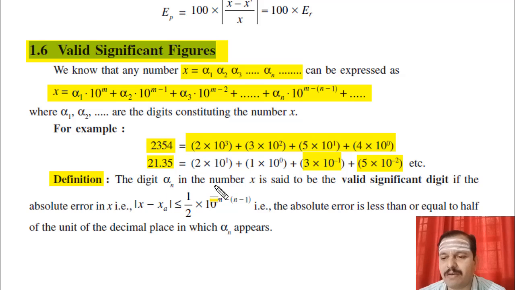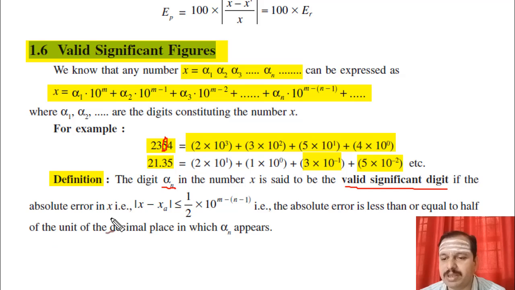The digit alpha n in the number x is said to be a valid significant digit. Please look at this. A valid significant digit is some particular digit in the given number. For example, if 5 wants to be the valid significant digit in the given number 2354, what is the condition? We have to see here.